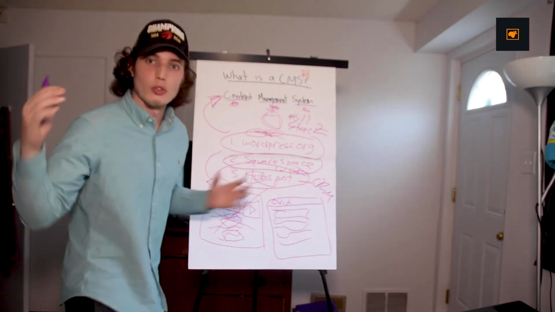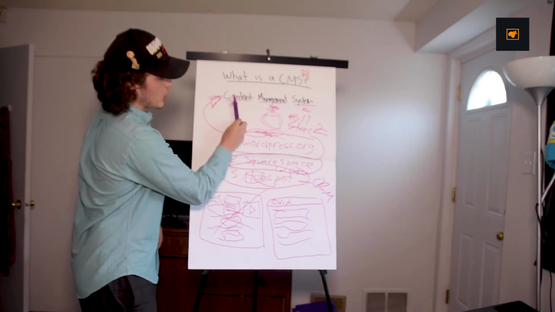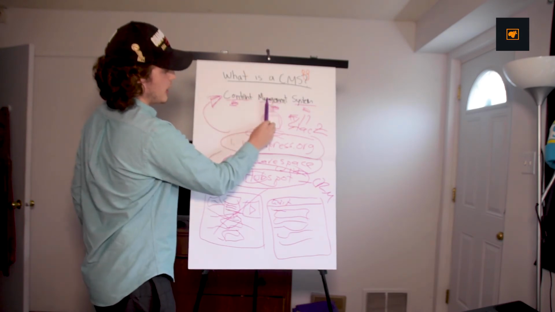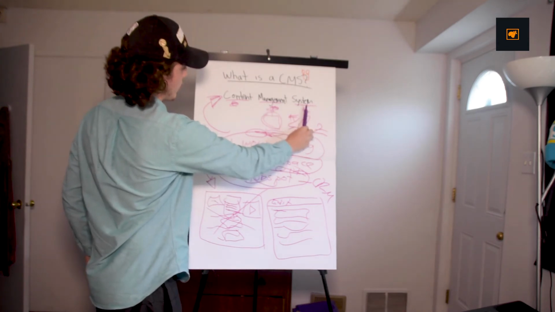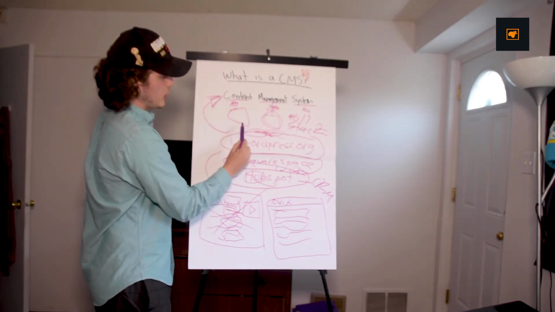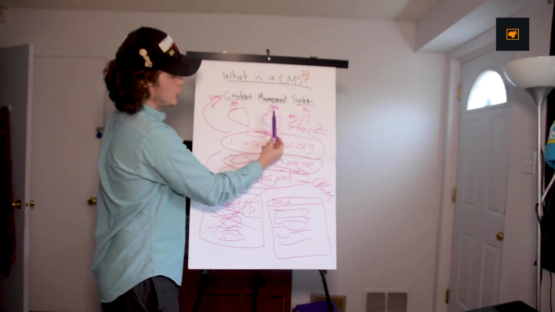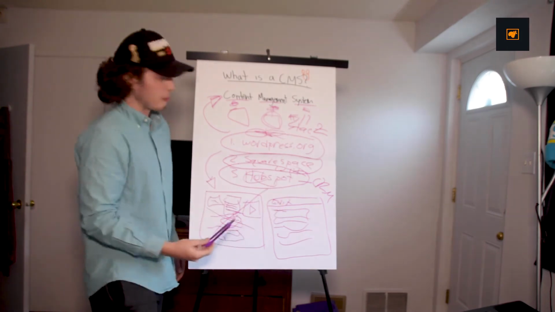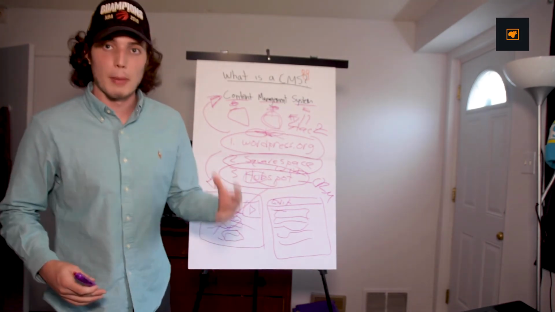And to wrap everything up and conclude this video, you have the content, you need it on the website, so you have to manage that somehow, and you need a system to do it. You have the photo, a video, some text. It needs to go on a site. It needs to be managed, and you need a system to do so. Then we have some different variations of content management systems.